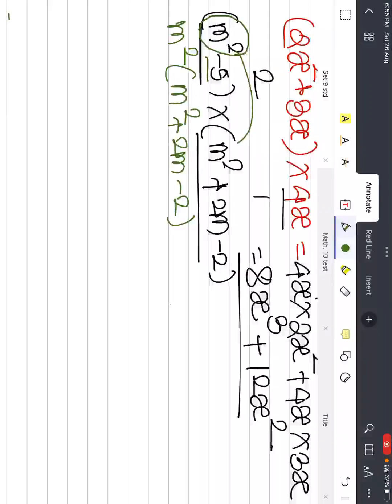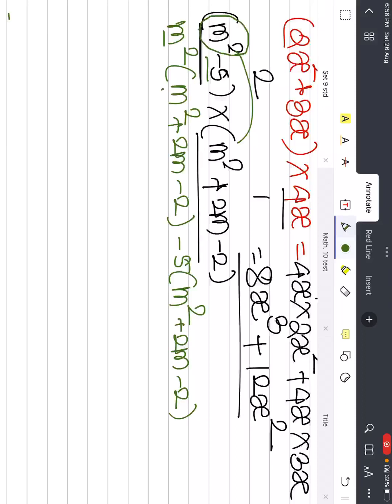Next, this minus 5 is also multiplied with the second bracket, so write down m square plus 2m minus 2. Clear?